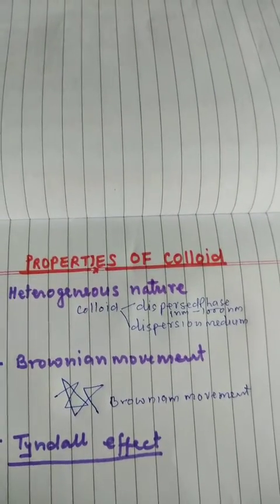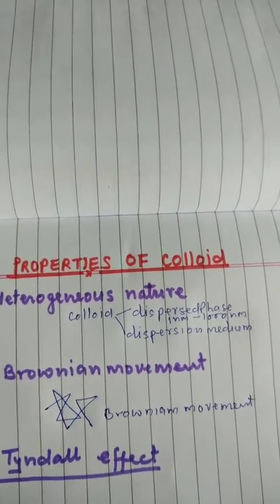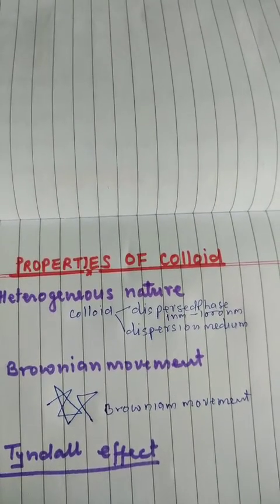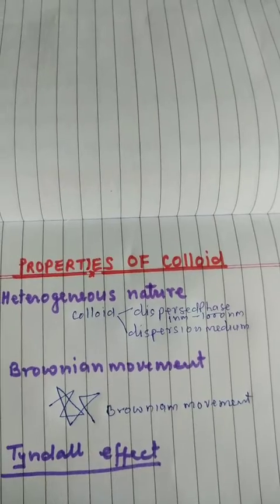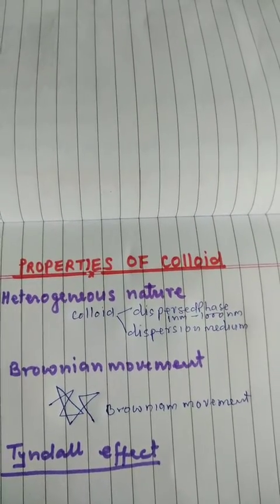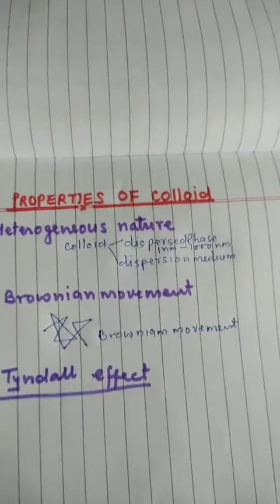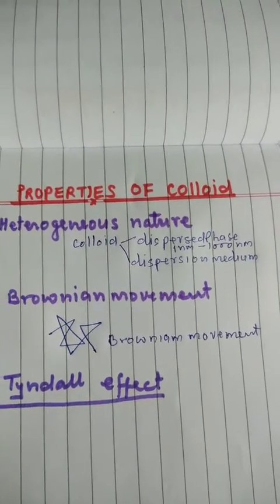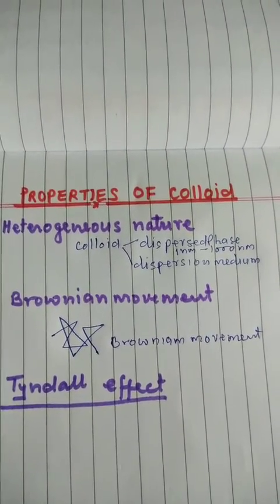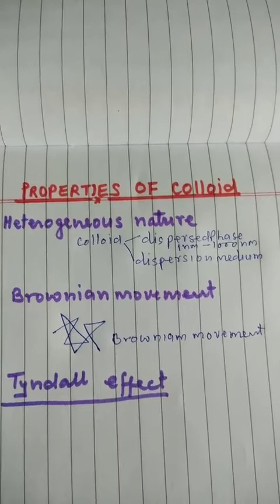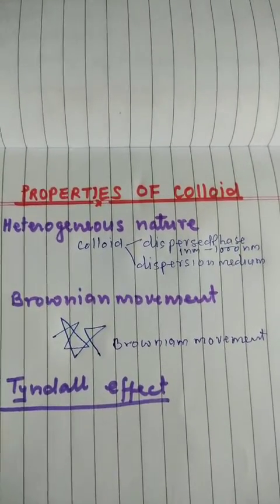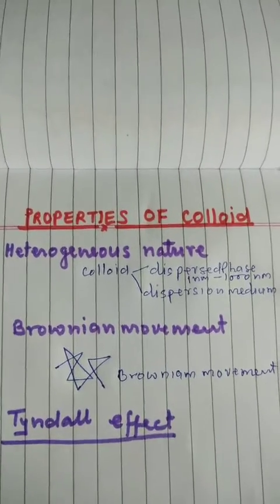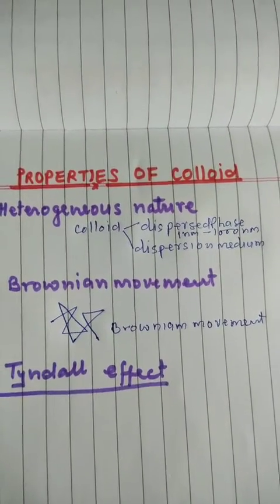How? As we know, the size of colloidal particle is larger. Then when we keep the colloid for some time, due to the action of gravity, the colloidal particles start settling down. And if this takes place, then the colloidal particles that are settling stick together to make the precipitate and the colloid is destroyed.